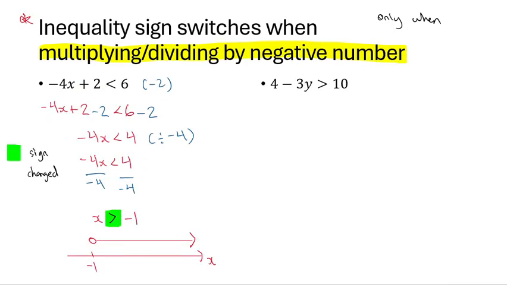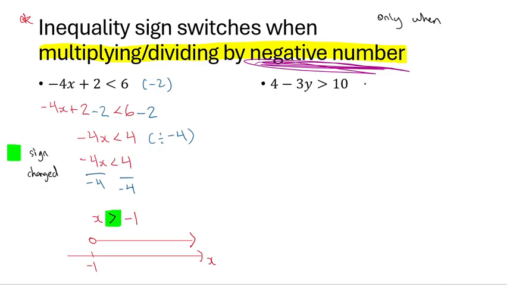Okay. Now, this is something really important. The inequality sign switches only when you multiply or divide by a negative number, okay? I need to highlight this really specifically. Only by a negative number, okay?